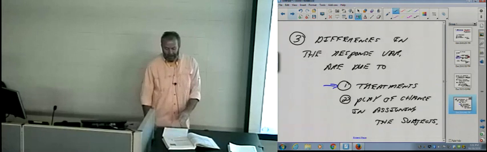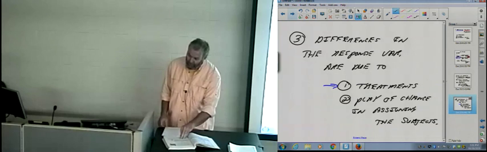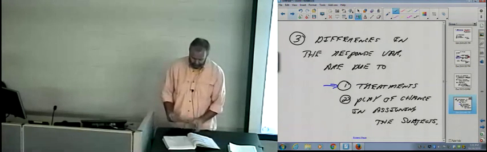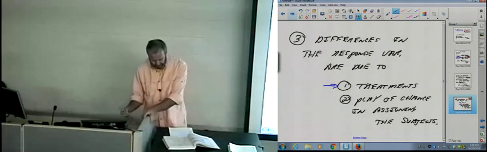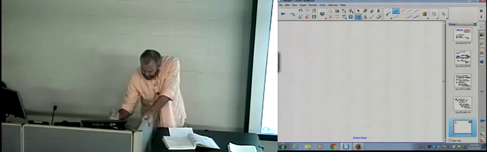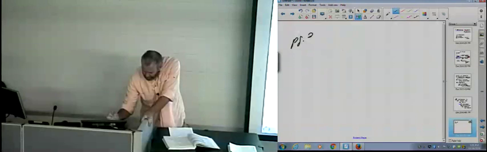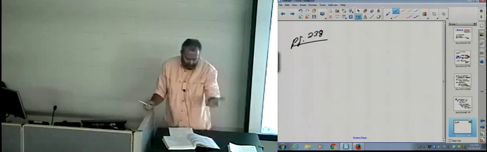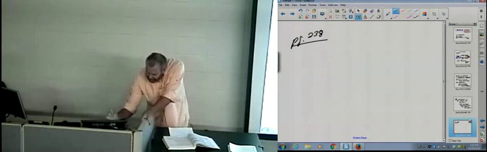All right? Now, here's where I'm at in your book, and I'm going to keep pointing you there tonight. I'm on page 238. Okay? On page 238, there's principles of experimental design.